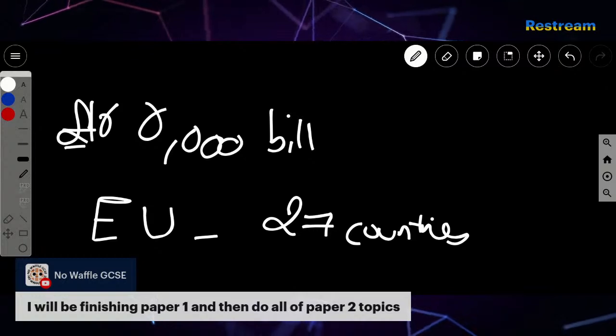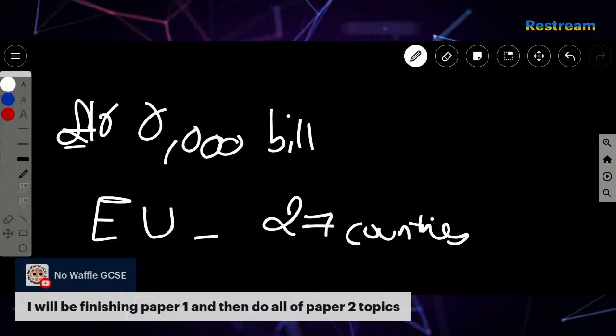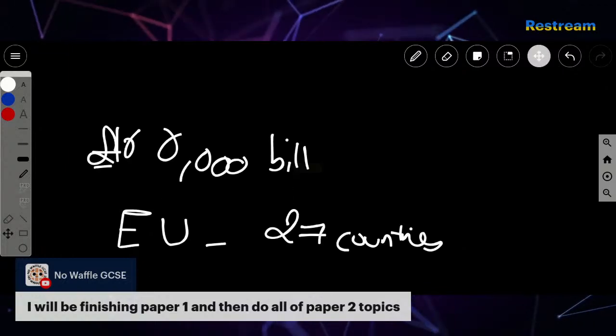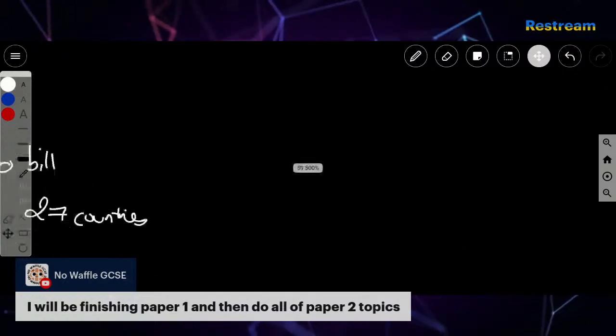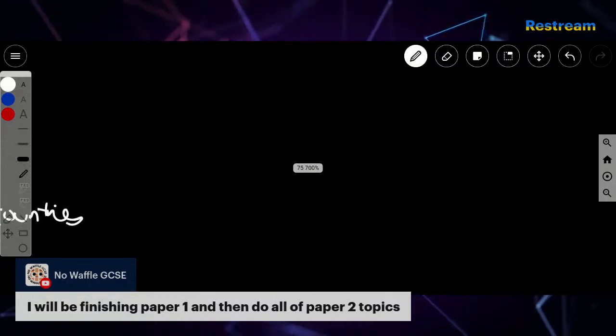Okay, so we also need to look at the North-South divide. So we're approaching the end of this topic, and then we can quickly go over the next topic, and then we'll be done soon. So there's also something that exists called the North-South divide.